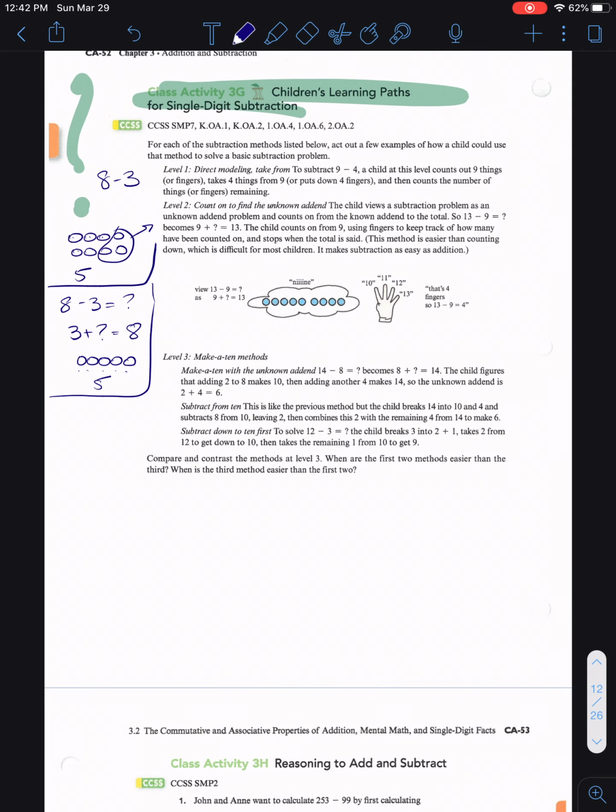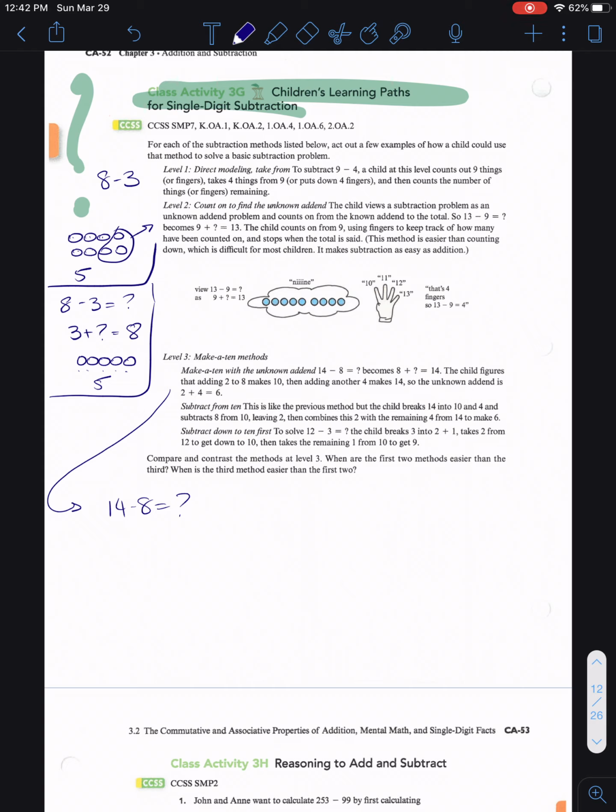So make a 10 method is another way, which combines the missing addend and counting up, and makes it a little bit more sophisticated. Let's say we have 14 minus 8, which is the example that they have.